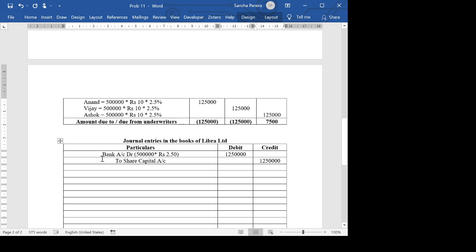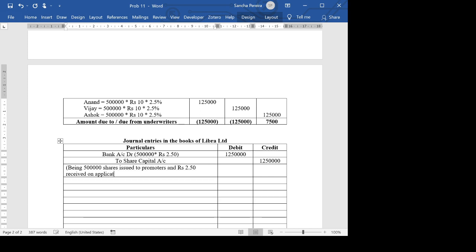The narration will be being 5 lakh shares issued to promoters and rupees 2.50 received on application.